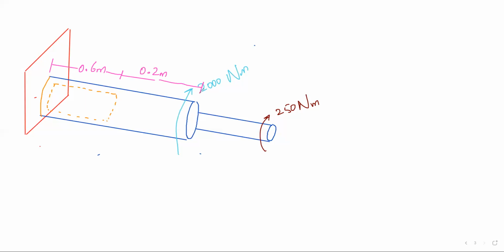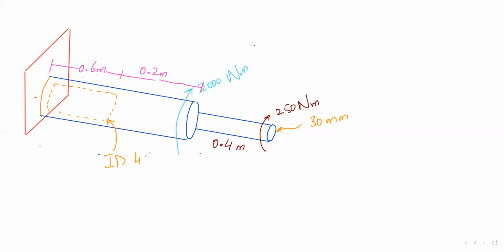Now the question says that if this fellow is 0.4 meter, the dimension, and the dia is 30 millimeter, and this dia is 44 millimeter, inner dia, because this is a hole, right?